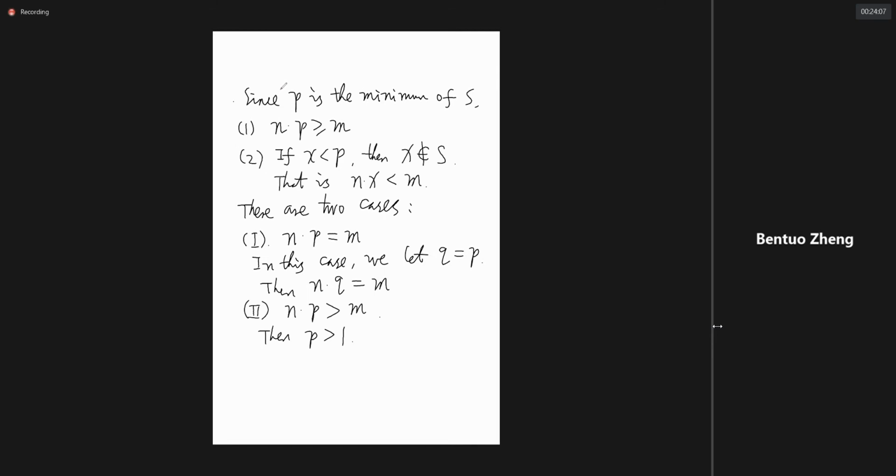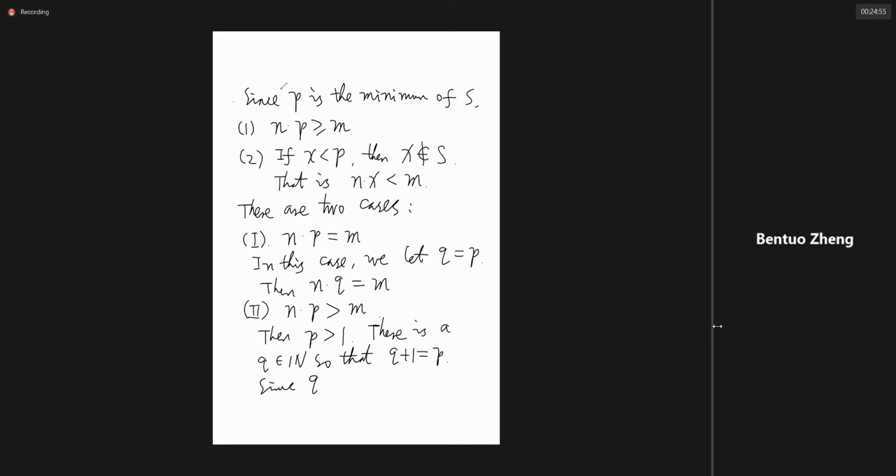So in other words, there is a Q in N so that Q plus 1 is equal to P, because Q is actually the immediate predecessor of P. This uses P is greater than 1.